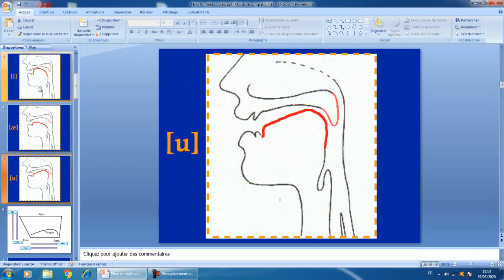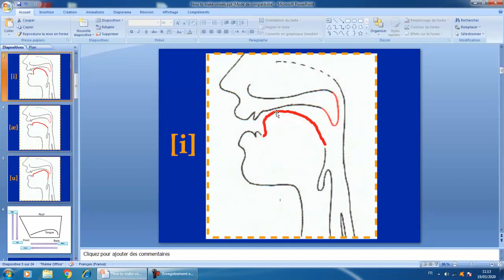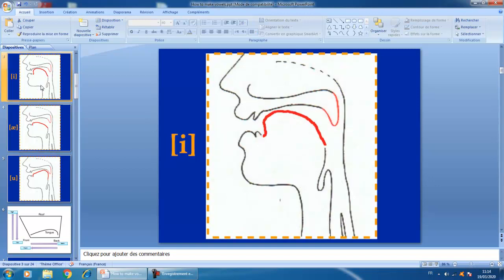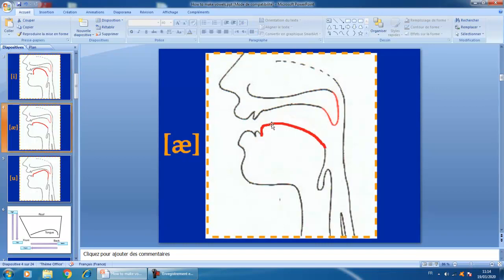But we can talk also about another dimension through which we can locate the different vowels. E is said to be a high vowel because we raise our tongue towards the roof of the mouth. But for A, the tongue is lowered. So E is called a close or high vowel, but A is called an open or low vowel.